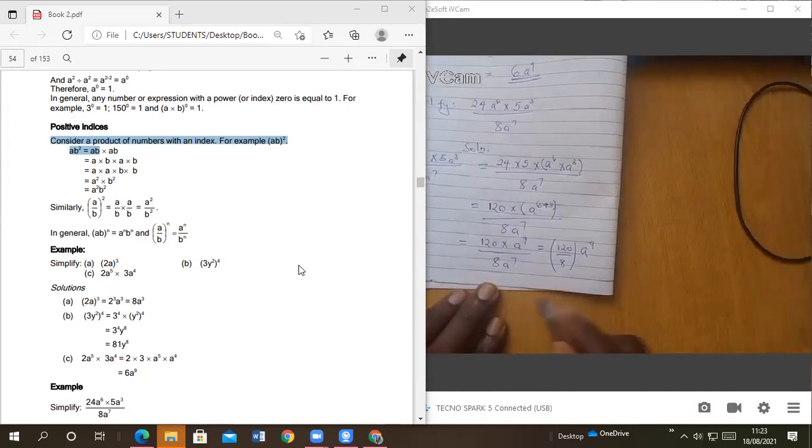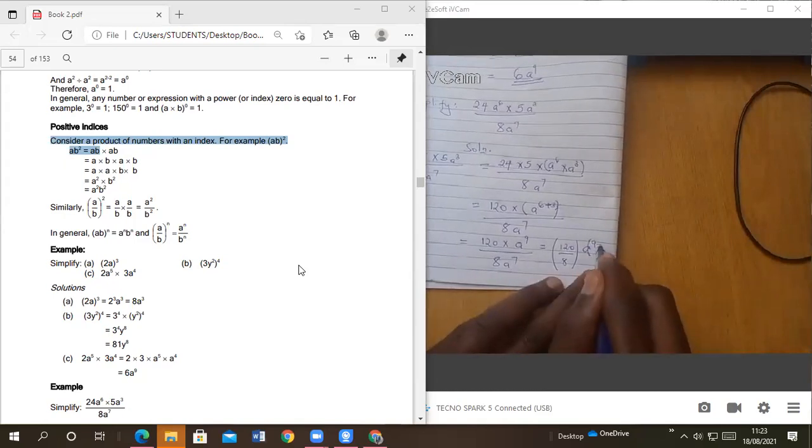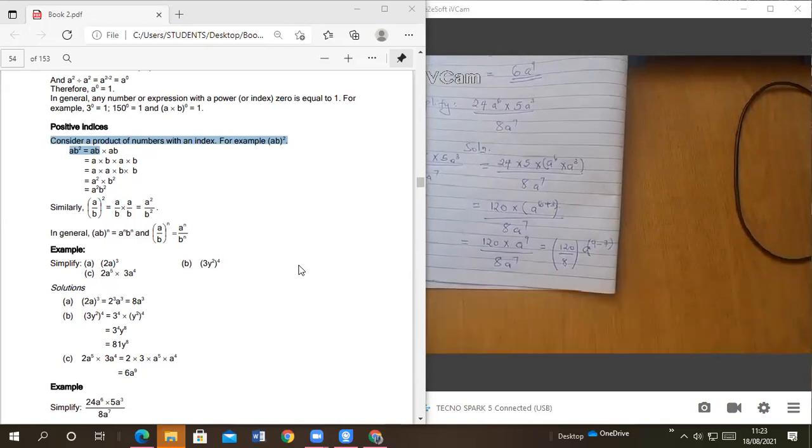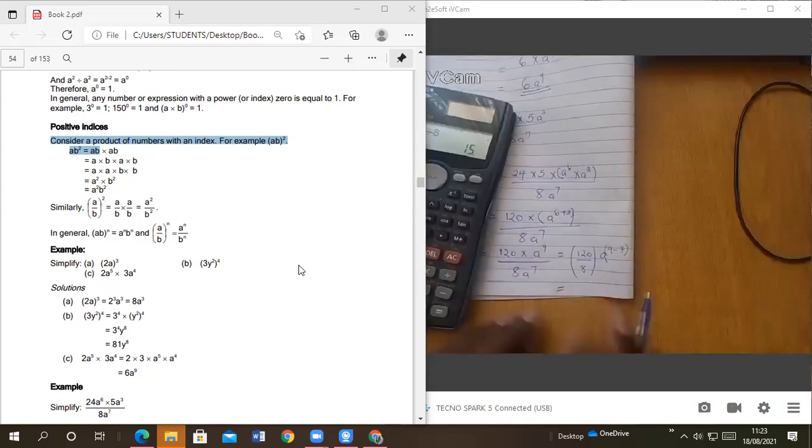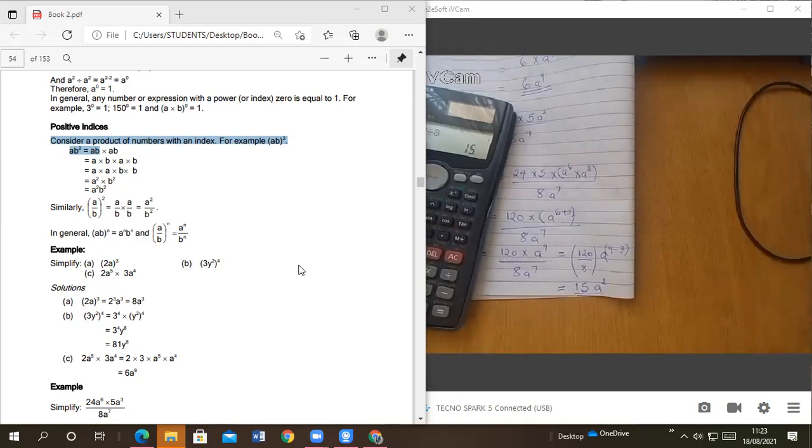We subtract the powers, not so? 9 minus 7. 120 divided by 8, we get 15. Then a to the power 9 minus 7, what do we get? 2. That is our answer.